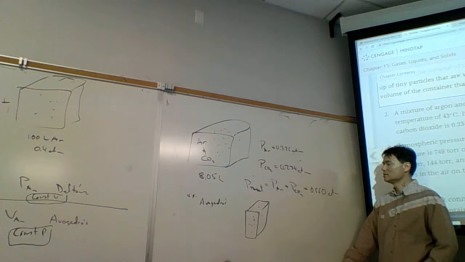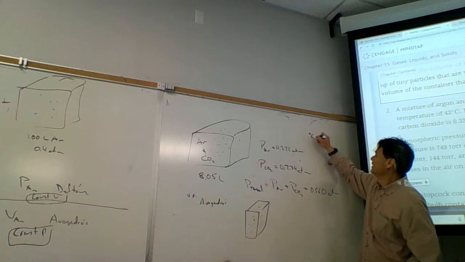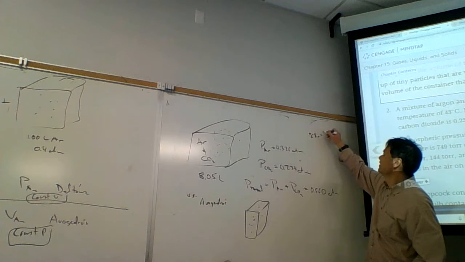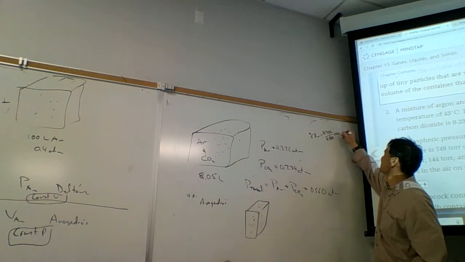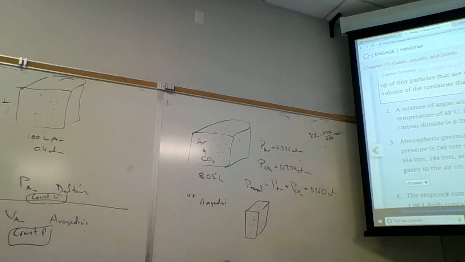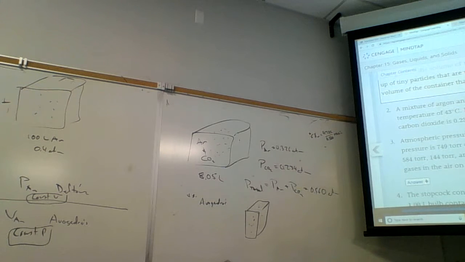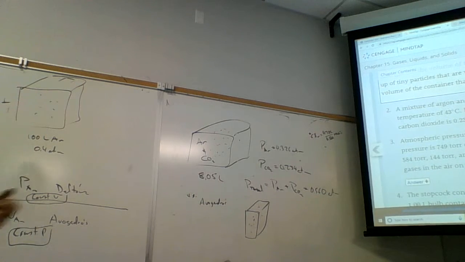I have to get the percentages though. And so the percent argon is going to equal 0.326 divided by 0.560 times 100%. So what does that come out to? 0.326 divided by 0.56 is 58.2.